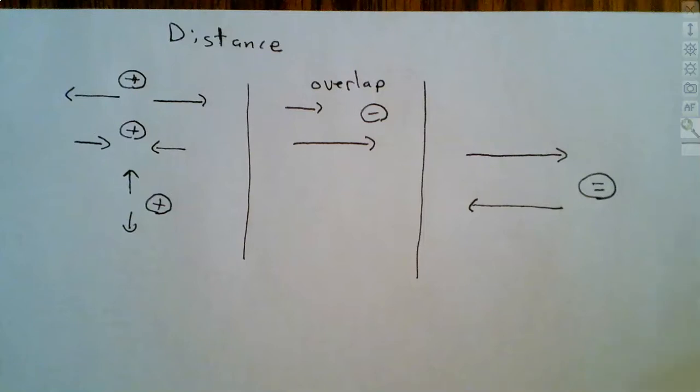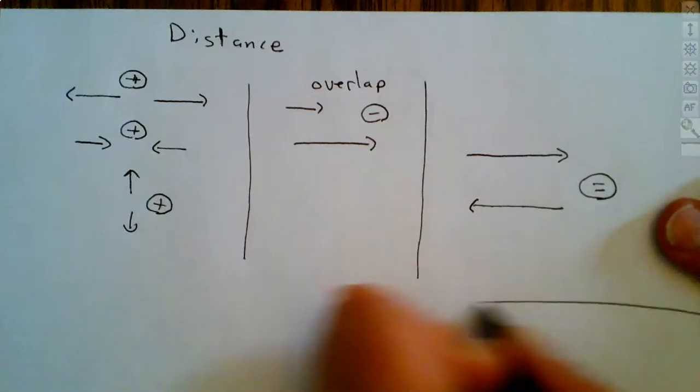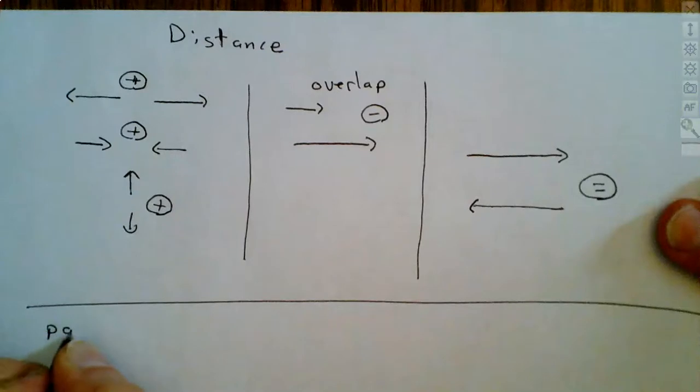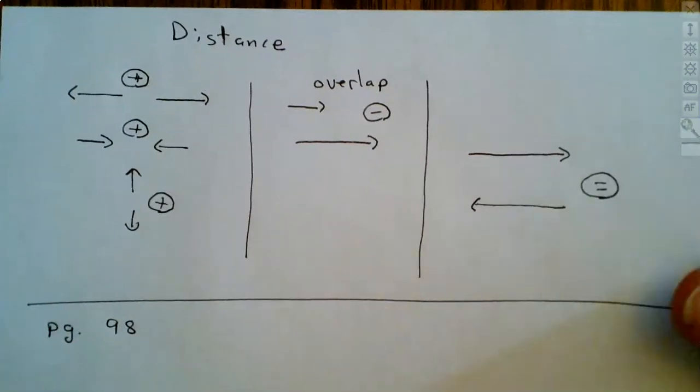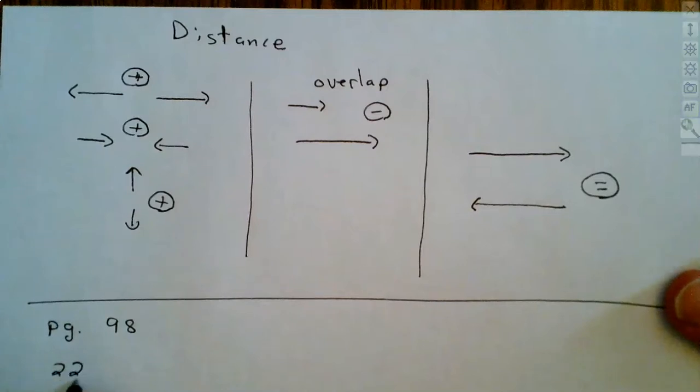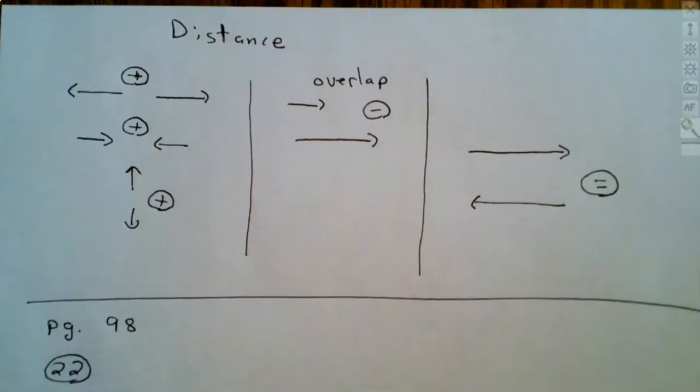So let's work with a few of these. I'll put these on the screen. Again, I'm on page 98. And we're going to look now at question 22. We're not going to worry about the table because we're going to draw a figure instead of a table.